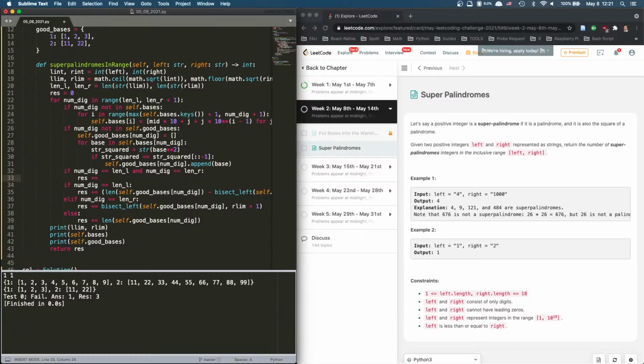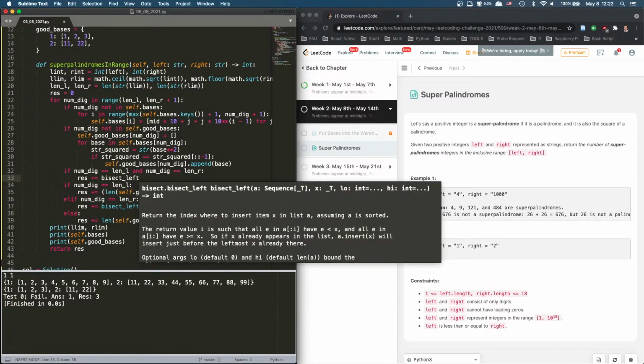So it's going to be bisect, the right limit, the left limit, so it's going to be bisect left.